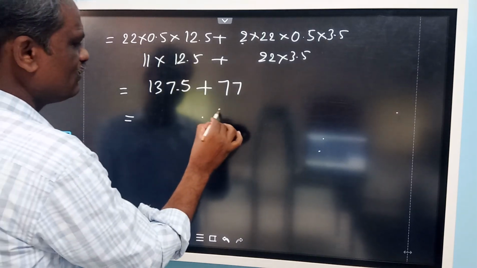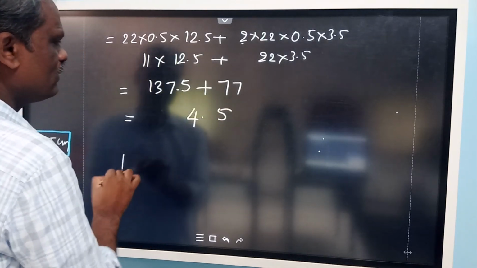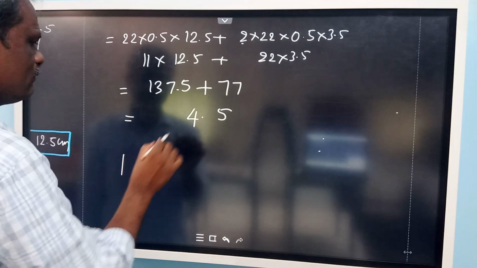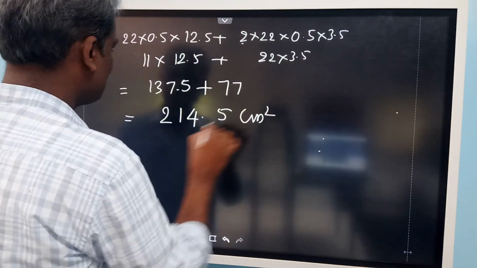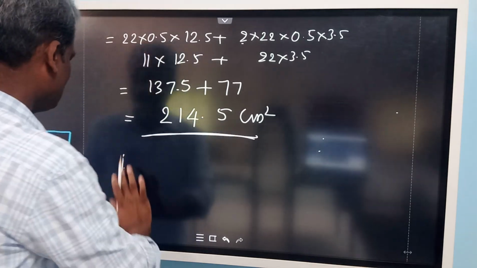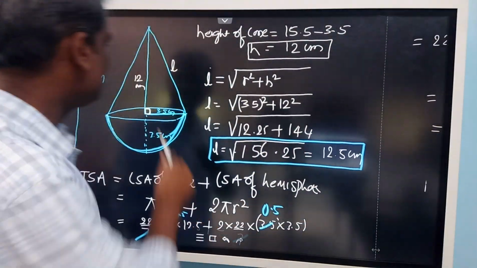When you add these, you get 214.5 centimeters square. This is the total surface area of the solid, that is this toy.